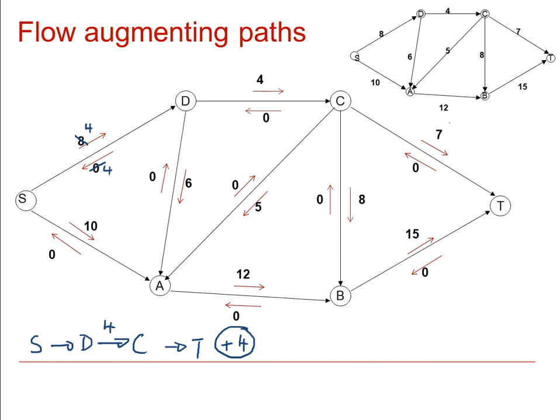But if we look at D to C, we've actually got 4 flowing now, so the possible increase has dropped to 0 and the possible decrease is now 4. So you can see the changes are all going to be by 4. The forward facing arrow is going to go down by 4 and the backward facing arrow up by 4.